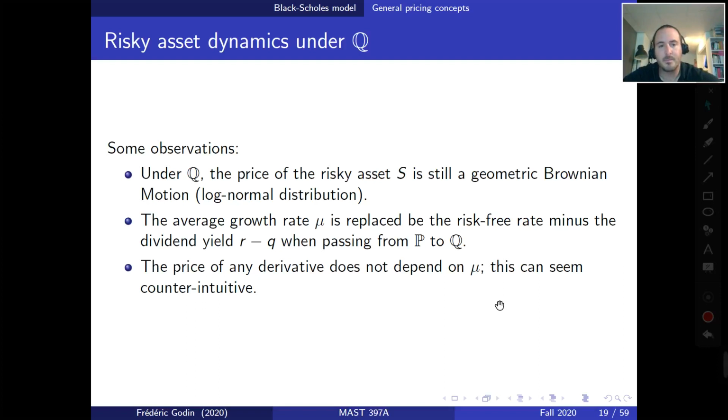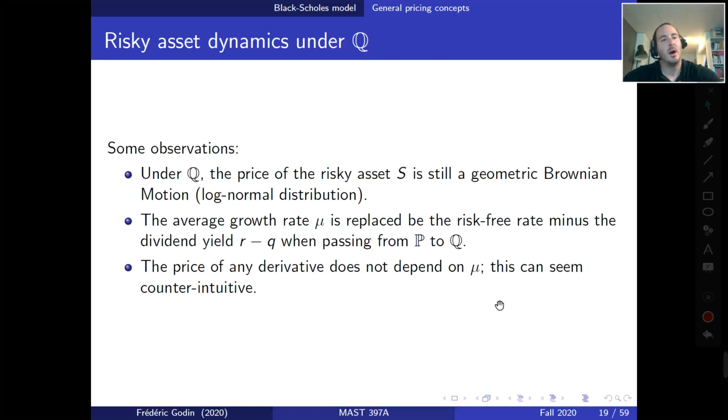Under P, the price of the risky asset had the dynamics of what we call a geometric Brownian motion. Geometric Brownian motion is simply the exponential of a linear transformation of a Brownian motion.